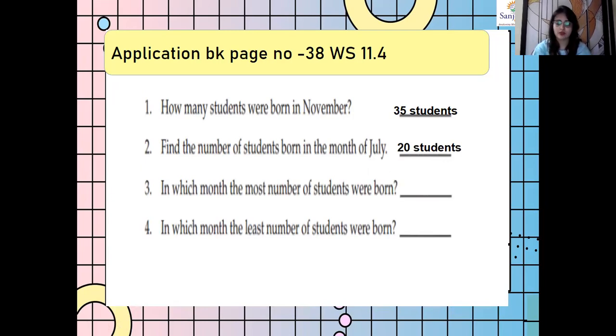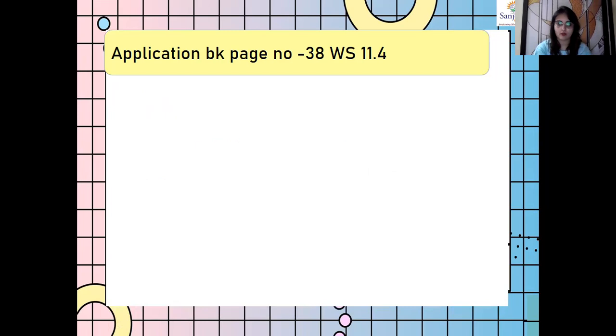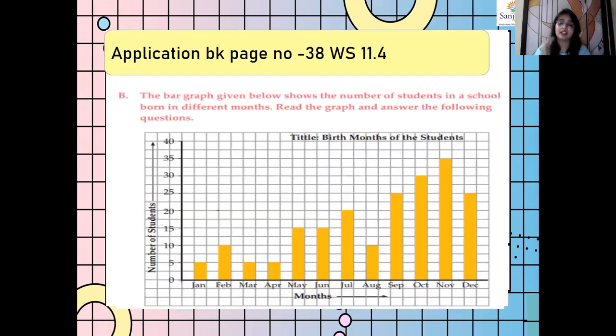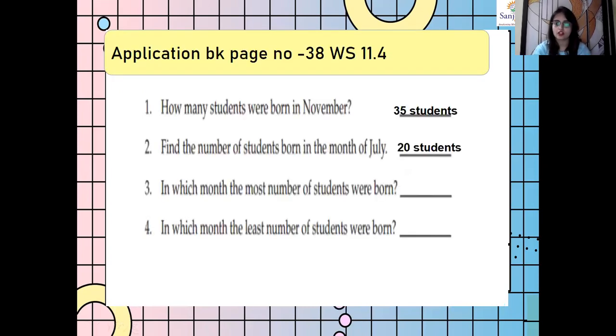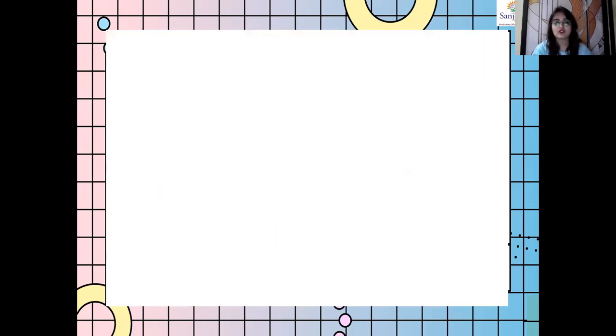Now, in which month were the most number of students born? Where can you see the bar graph the highest? It is November, right? In November, the most number of students were born. Then in which month were the least number of students born?